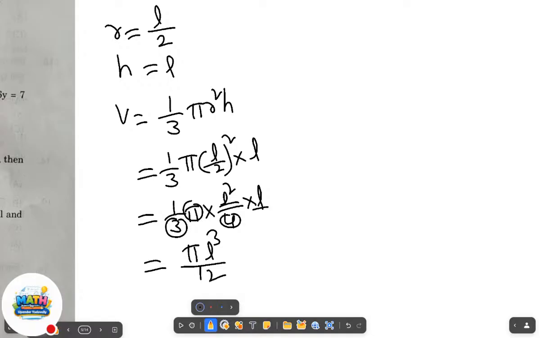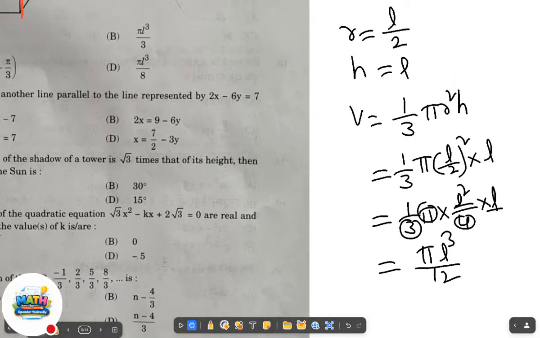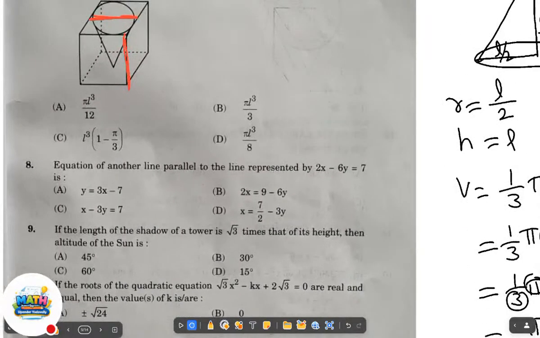Do we have the option pi L cube by 12? Yes. Option A is the right answer, pi L cube by 12.